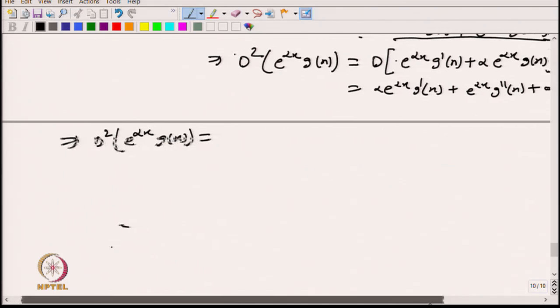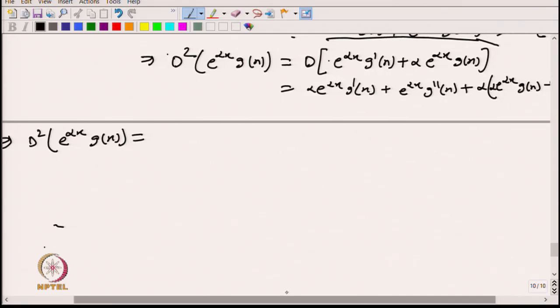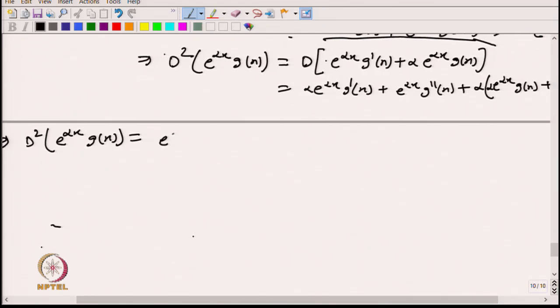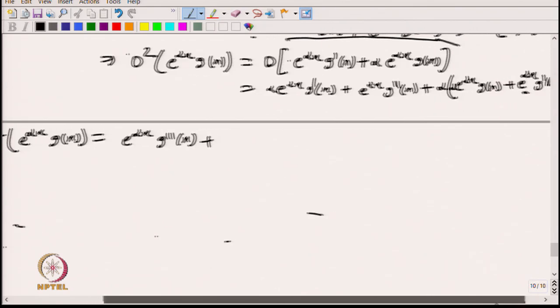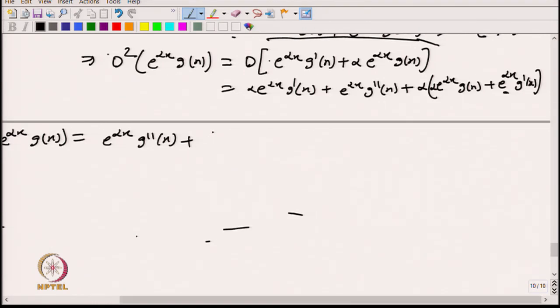Now from here I collect the terms. So, this can be written as e raised to power alpha x g double dash x plus alpha square e raised to power alpha x g x, and this term together. So, it can be written as 2 times alpha e raised to power alpha x g dash x.